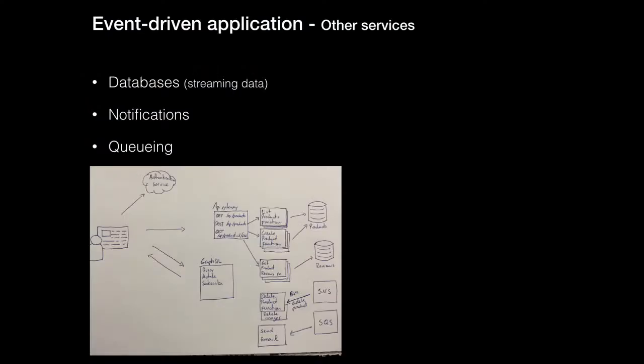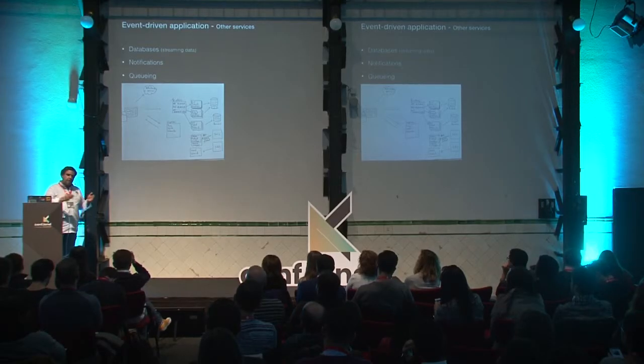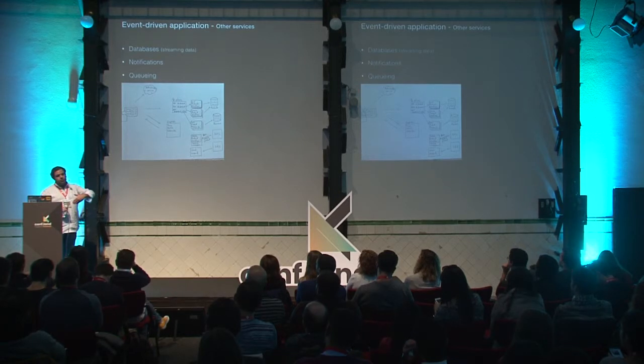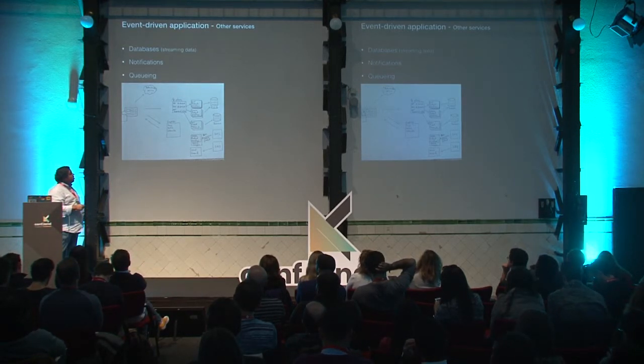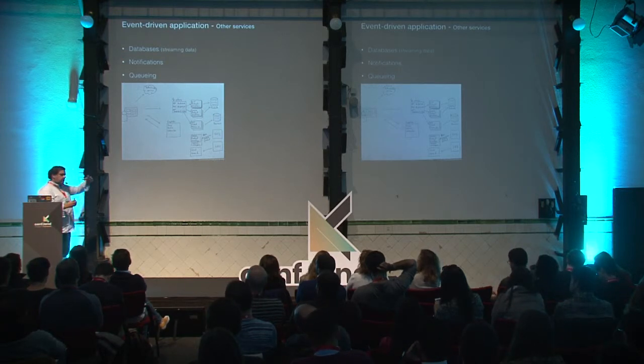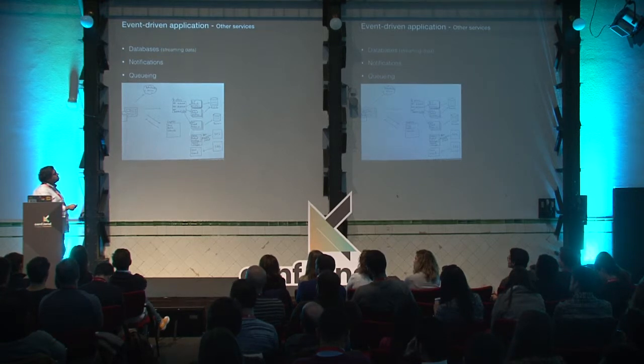Other services can also be used with function as a service. Databases. As I said before, for instance, DynamoDB on AWS can fire streaming events. You can take those streams and run a function with that. Also, instead of having a monolith database, you can split it into several databases.